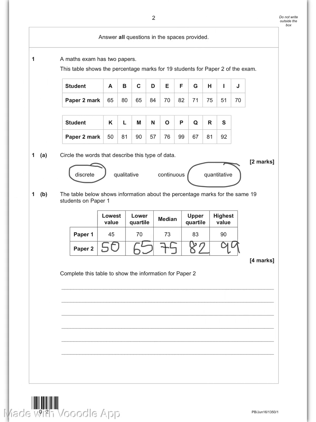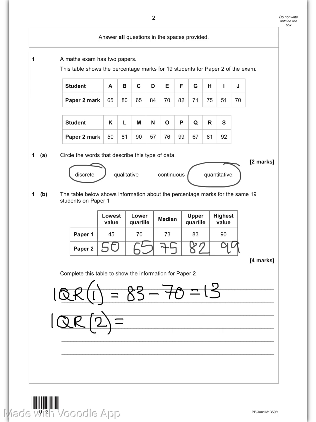So the IQR for paper 1 is the upper quartile, take away the lower quartile, which is 13, and the IQR for paper 2 is the upper quartile, take away the lower quartile, which is a bit more. I probably could do this without a calculator, but I have one right here, so why not?